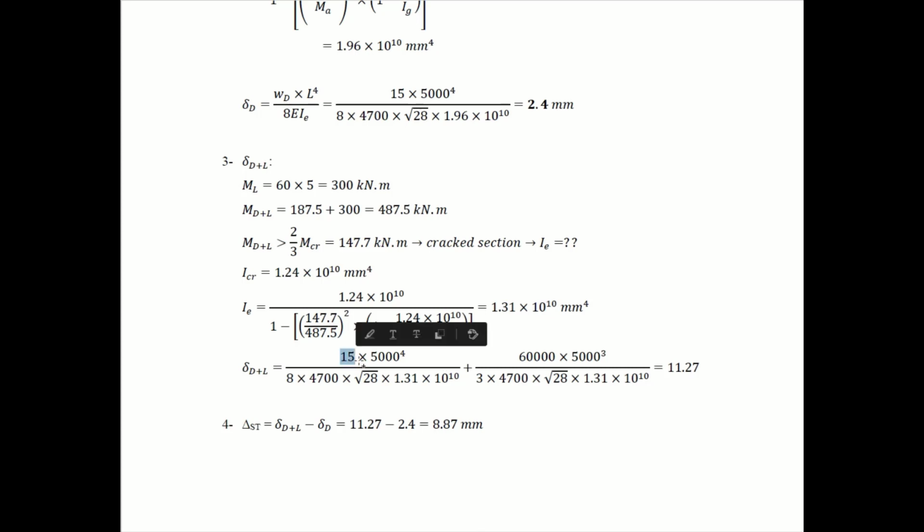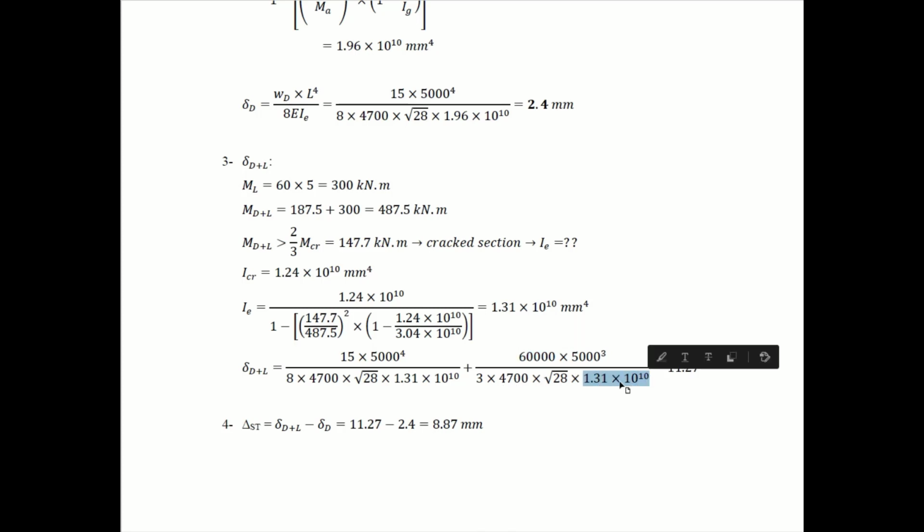Here we add W L to the power 4 over 8 EI. This is the same as this one, but with a different I effective, because we are going to use the new I effective due to dead plus live, plus P, 60,000 Newtons, not 60 kilonewtons, times L to the power 3 over 3 EI.